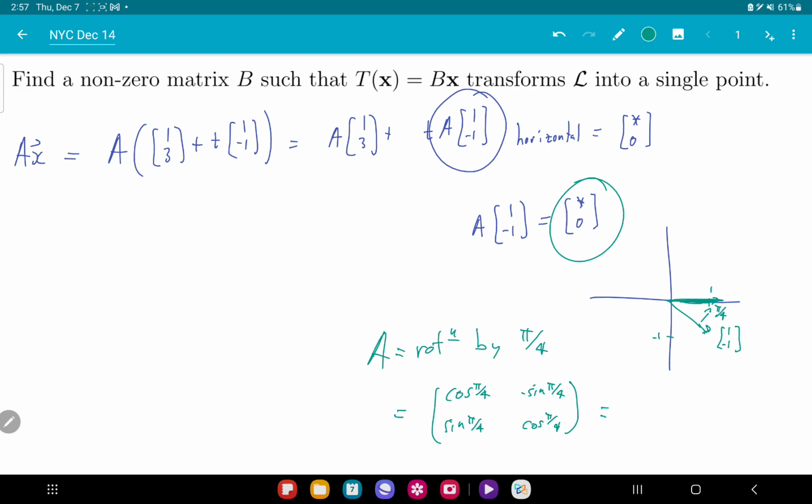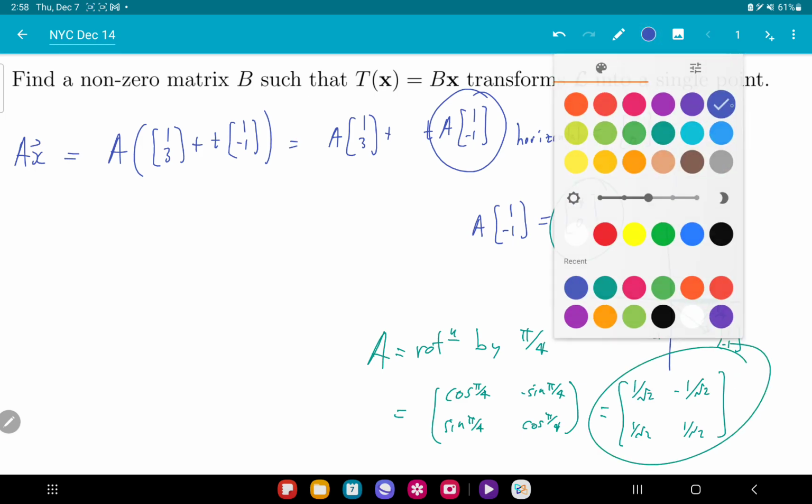And what does that give me? Well, 1 over root 2, a whole bunch of 1 over root 2's. Ooh, that's an ugly one. 1 over root 2, 1 over root 2. Okay, so there's my answer there.